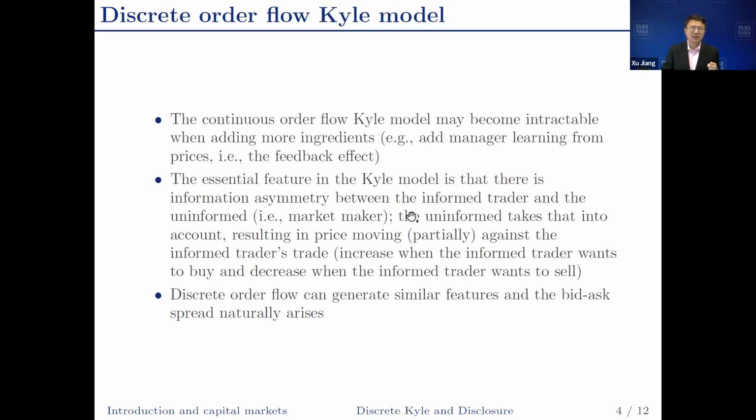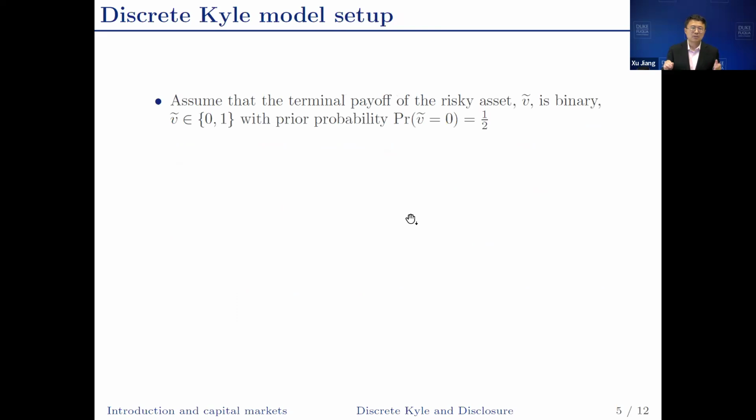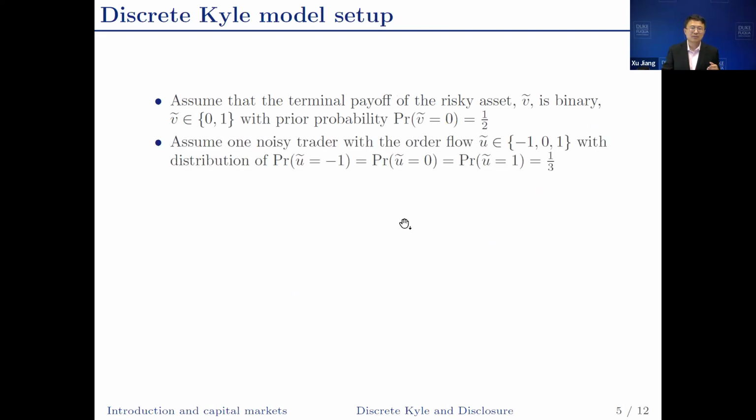So now let's look at the setup of a discrete order flow Kyle model. The terminal payoff of the risky asset, denoted as V, instead of being continuously distributed, is binary now. V is either 0 or 1. The prior probability that V equals 0 is 1/2. Let's assume there is one noisy trader.